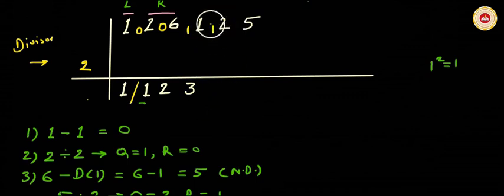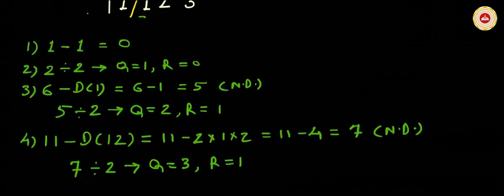This 12 is our next gross dividend. Now we are going to calculate the net dividend by subtracting the duplex of these three digits, 1 2 3, from gross dividend 12. So friends, please write these 4 steps.